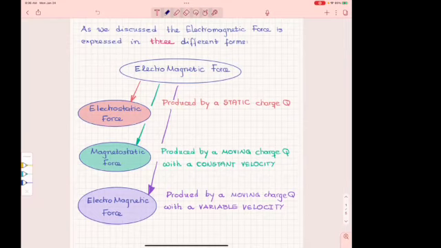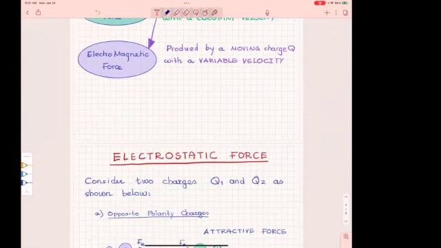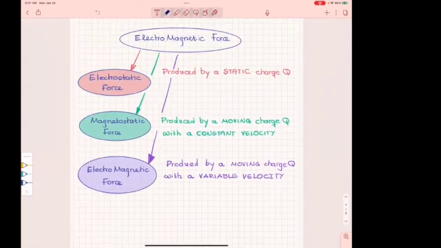We also mentioned that the electromagnetic force expresses itself in three separate ways that sometimes are explained to us as being different, but they are not. One is the electrostatic force, the other is the magnetostatic force, and the other is the electromagnetic force. Electrostatic force is what is produced by a static charge, and I will show you some pictures here to keep in mind.